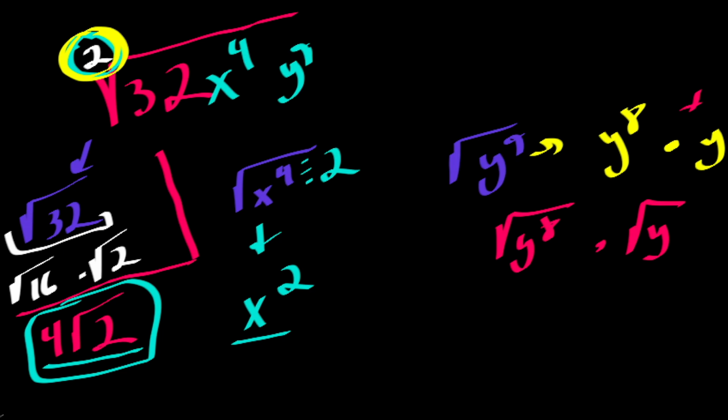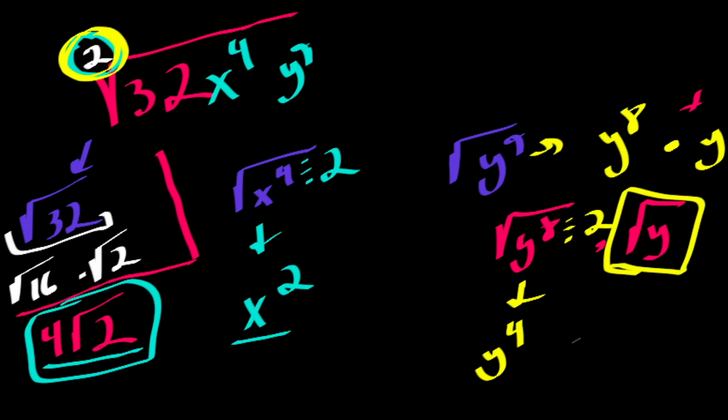So now, let's do this whole process of taking y to the 8th, and we want to do the square root of that. So remember, if you're doing a square root and you have an even exponent that's divisible by 2, you divide that exponent by 2. So y to the 8th, the square root of that would be y to the 4th. Now, we're left with the square root of y.